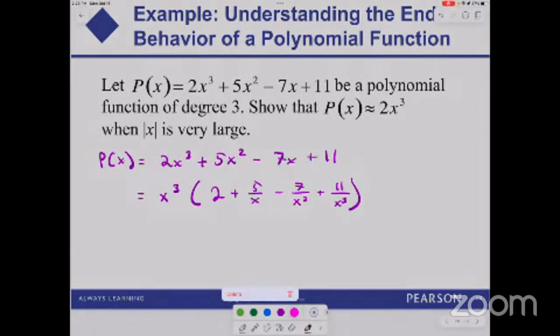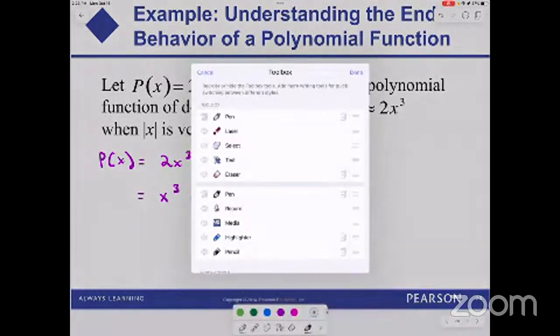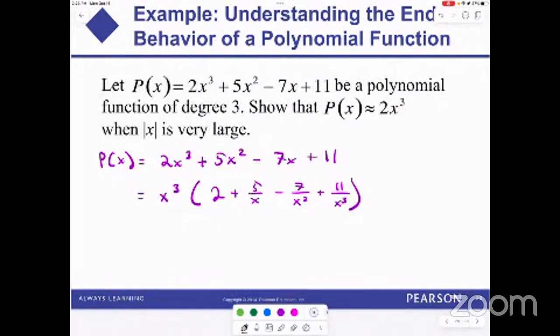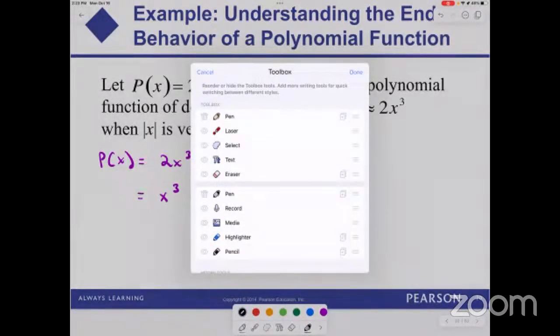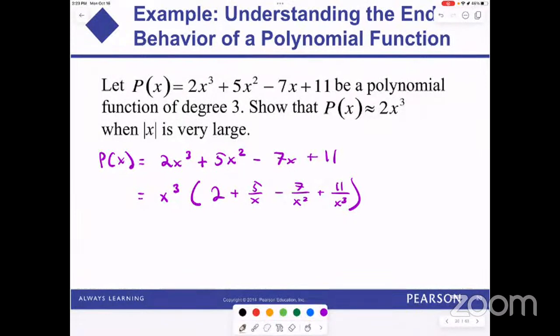Settings. Done. Yeah, because those are linked.